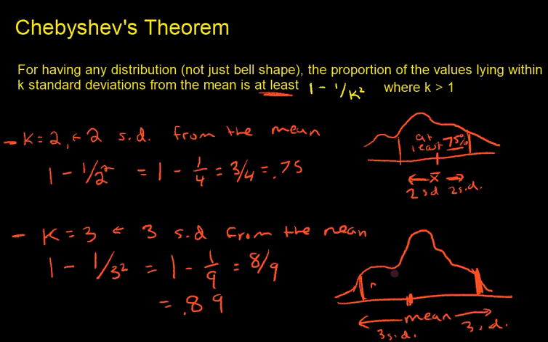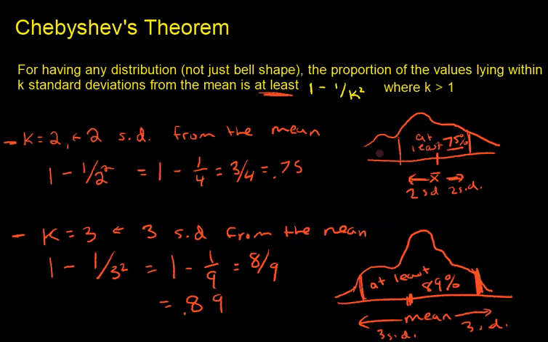So at least 89% of the data is within 3 standard deviations of the mean. And again, it could be more. It could be 90%, it could even be 100% of the data. But Chebyshev's theorem tells us that it has got to be at least 89%.